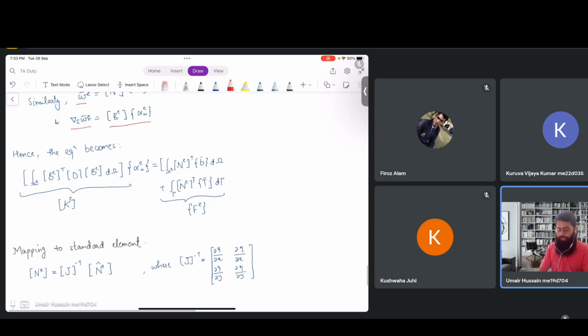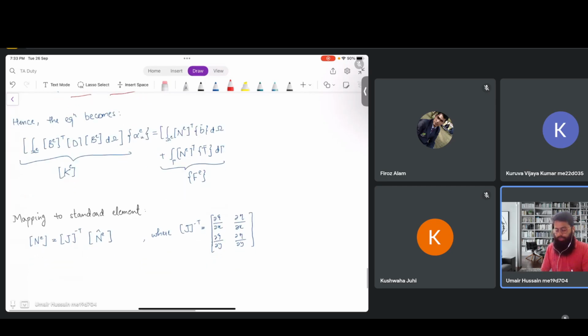Okay, so till here we represented our weak form in discretized form by representing the solution in terms of the approximation functions using these operations. Then the next thing is to map the given random element to the standard element.